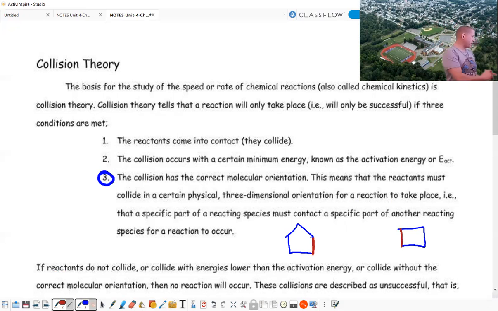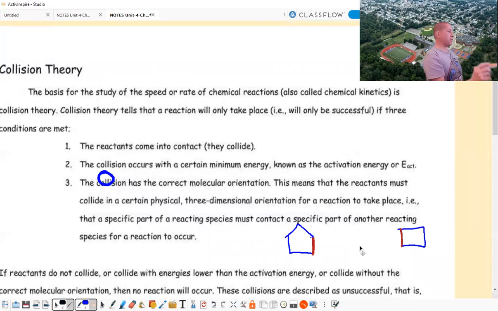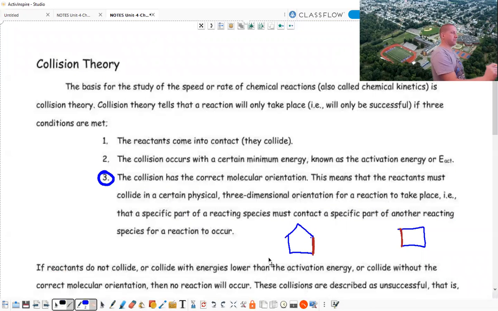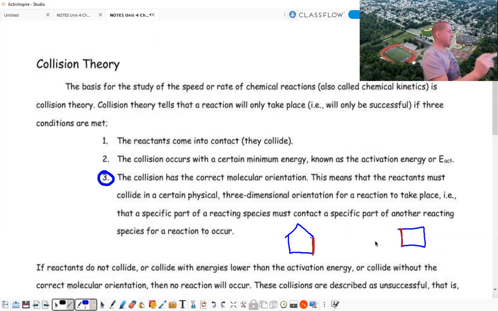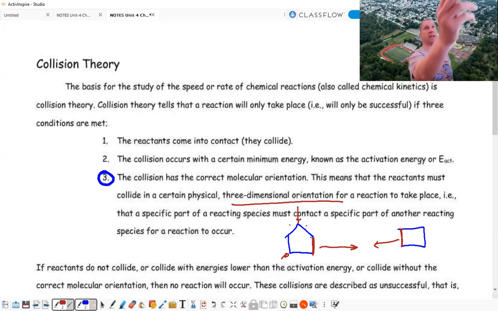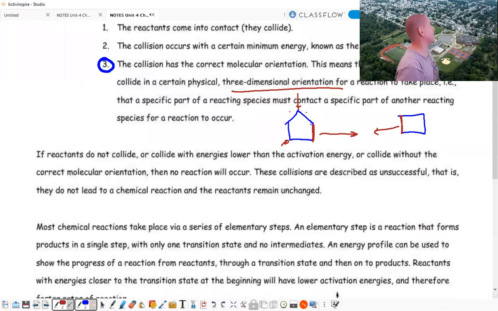So you can see at the orientation and at the angle that they're headed towards, as they come together and collide, as long as they hit right there and right there, there will be a chemical reaction. But if this thing is twisted a little, if it hits that side or the tip or this tip over here or anywhere else, that's what orientation means. So in this three-dimensional orientation, you'll see I have some animation to show you coming up with that.